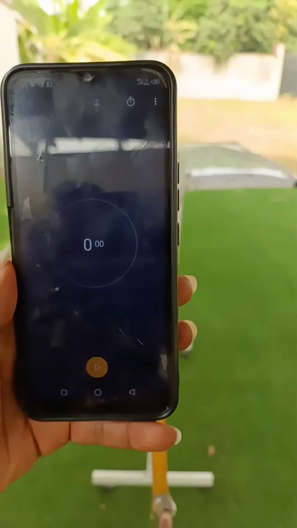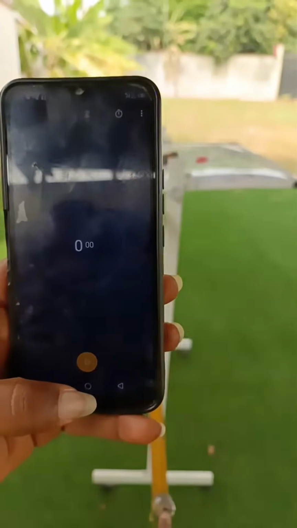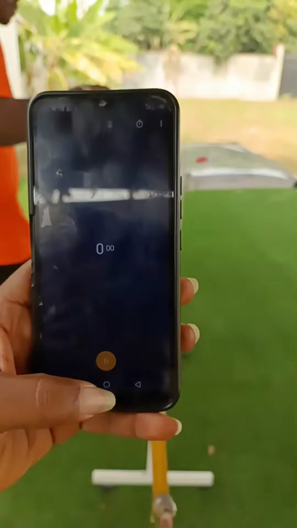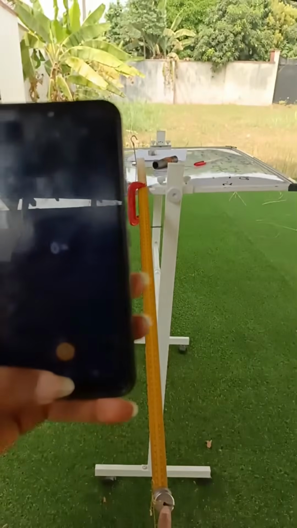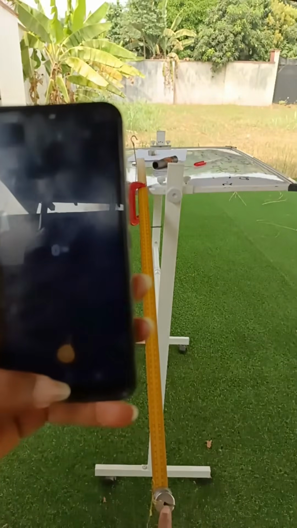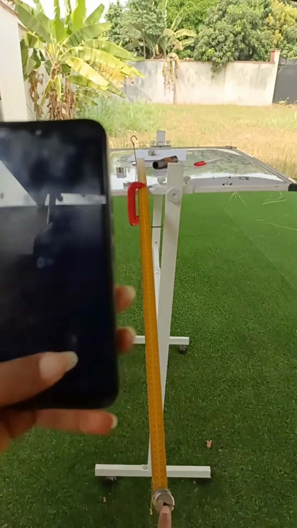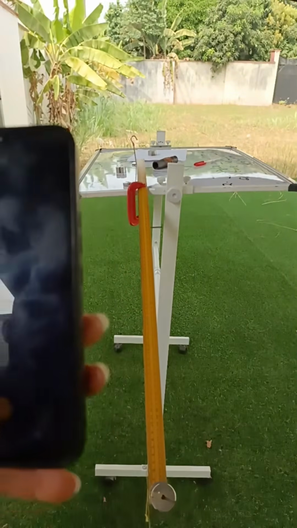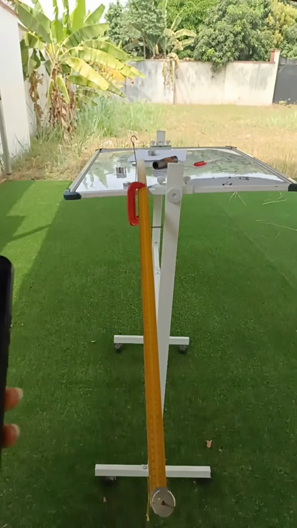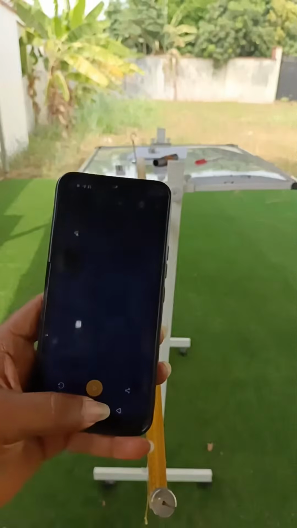So we release and start counting. Are we ready? Yes. Please pick that paper. Use one of the masks to support it. Okay, so get set. Once I release, I'm going to start the stopwatch automatically and then count. Are we ready? Yes. We go. 1, 2, 3, 4, 5, 6, 7, 8, 9, 10.